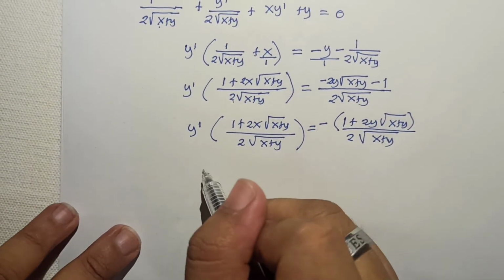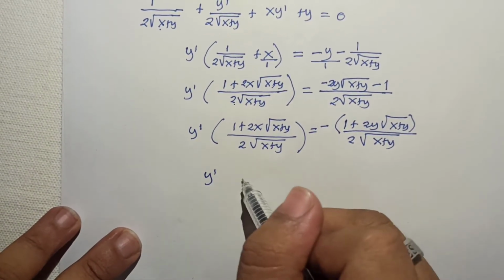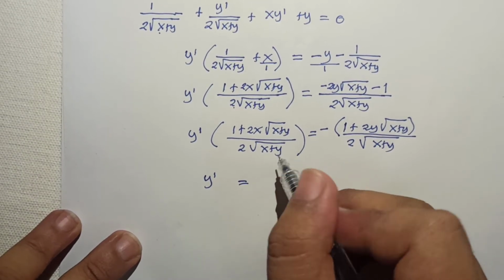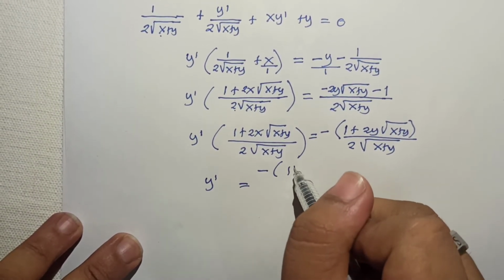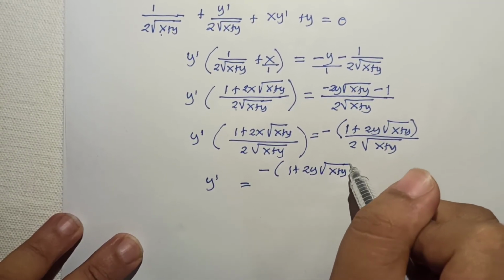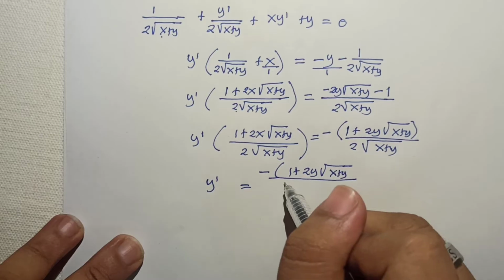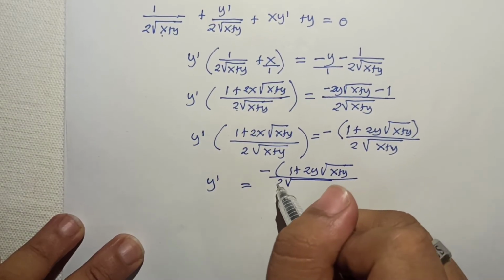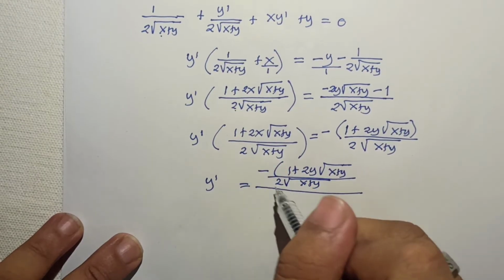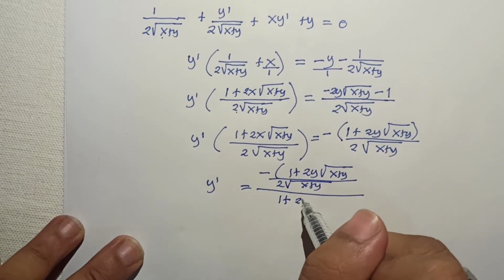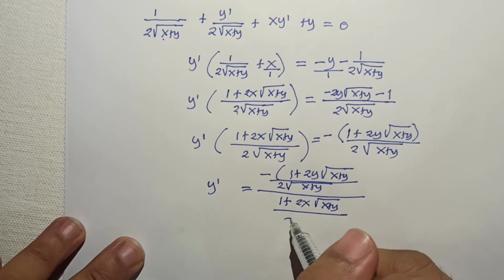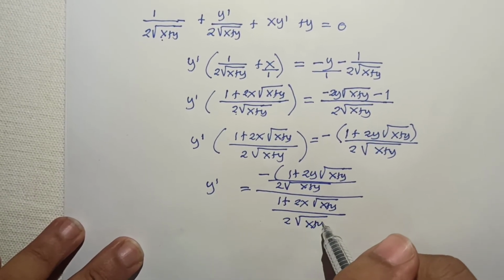So since we need to divide this, so equal negative 1 plus 2y the square root of x plus y over 2 square root of x plus y, all over 1 plus 2x the square root of x plus y over 2 square root of x plus y.